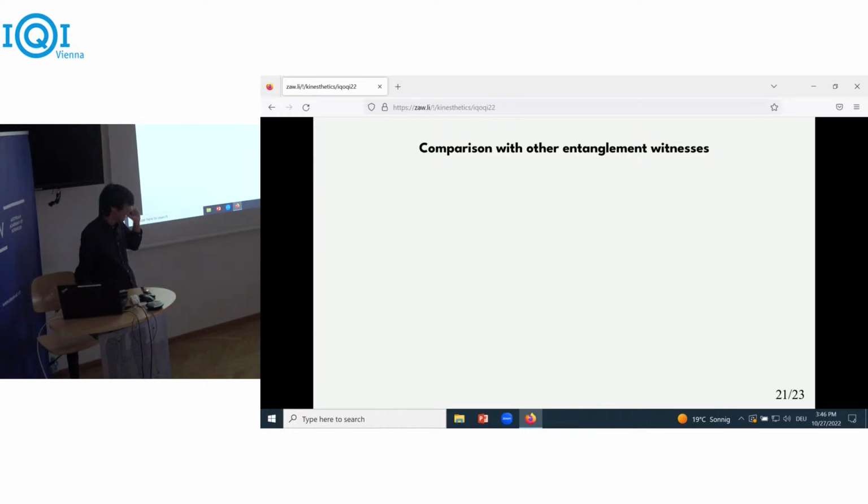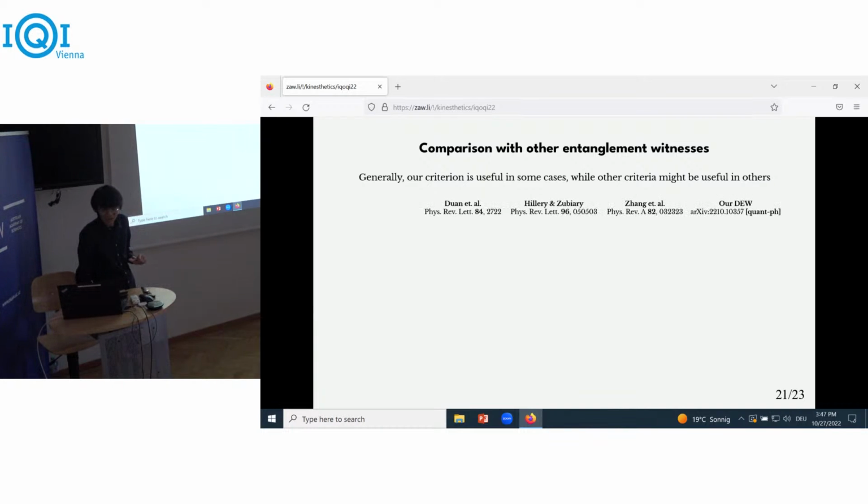I'm not saying that what we have published or what's on the archive will be used the way it is, because we're not saying that our criterion is better than everyone else's. There might be a reason to use ours, and there might be a reason to use other criteria.